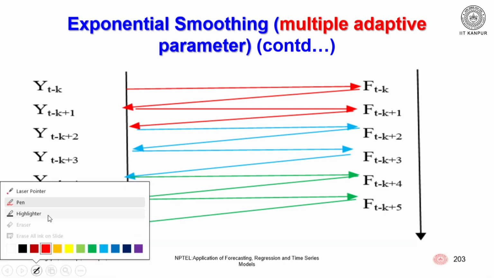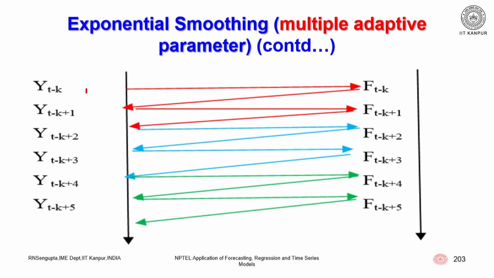I remove this black color. So, the colored values are for y t minus k, f t minus k. Here actually you will have the starting values as alpha 1 comma t. For f t minus k, it will be alpha 2 comma t.